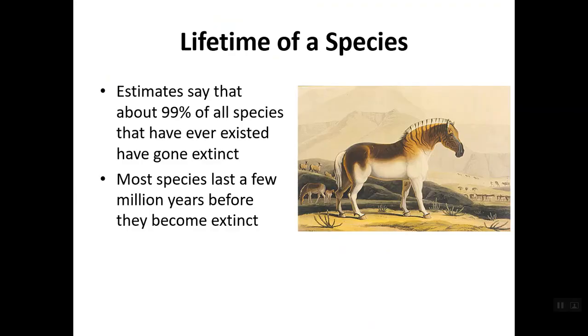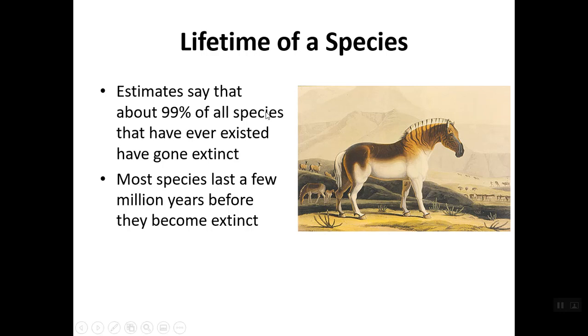All right, so I already told you that we estimate that about 99% of species that ever existed on Earth have gone extinct. Now, I don't want you to make the mistake of thinking that most of these species disappeared because of mass extinction events. Yes, a portion of them went extinct because of mass extinction events.